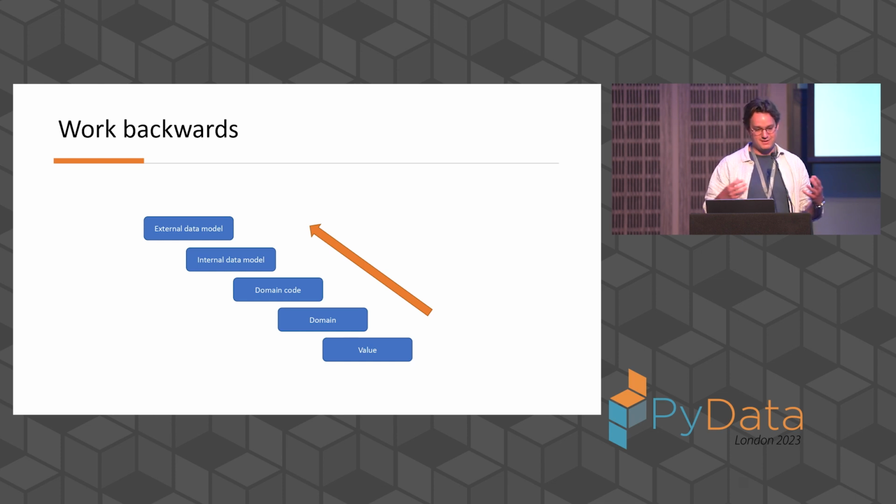Once you understand the domain, you can start developing the salient elements that are important for the decisions you need to make in the domain code. Once you've built your domain code, then decide the internal data model that maps to your domain code. A little bit more on this later, but it's important to do it in that order.